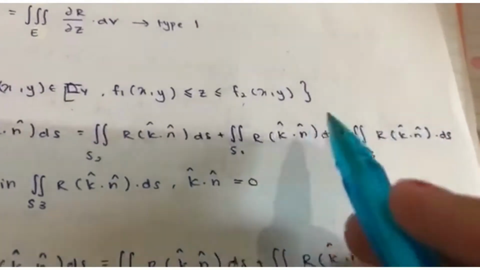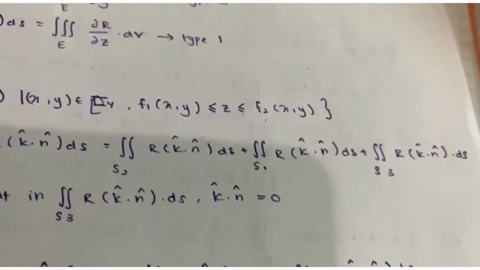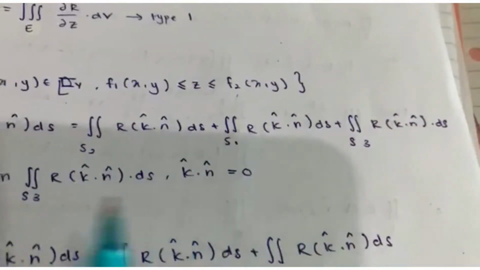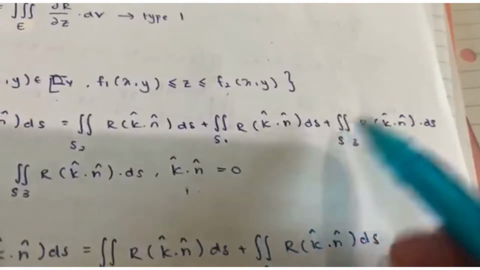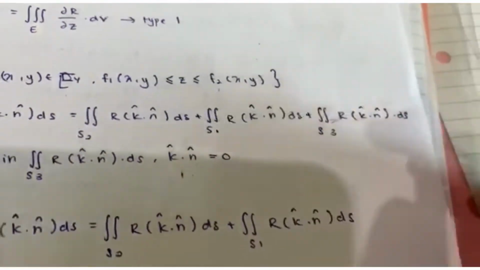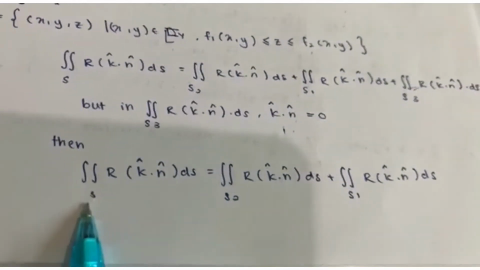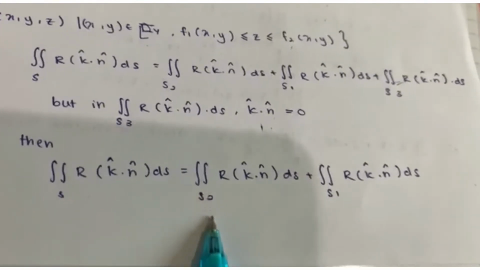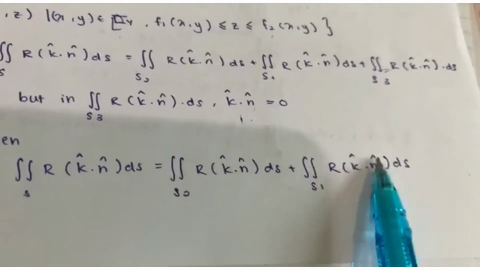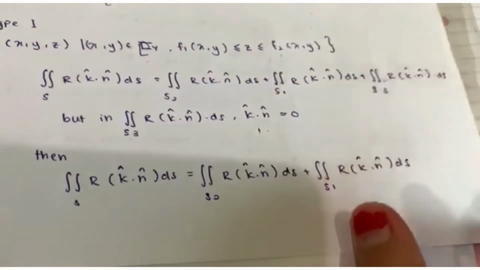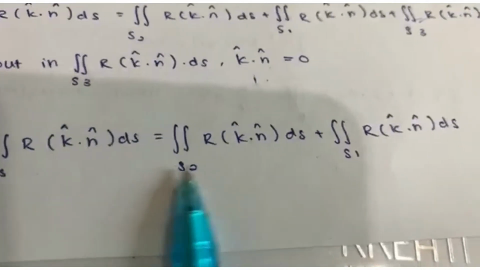But on S3, k dot n is perpendicular, thus it gives us 0, so S3 cancels out. Then the integral over S is the double integral over S2 of R k dot n dS plus the integral over S1 of R k dot n dS. These are okay, and then we solve for S2 and S1.